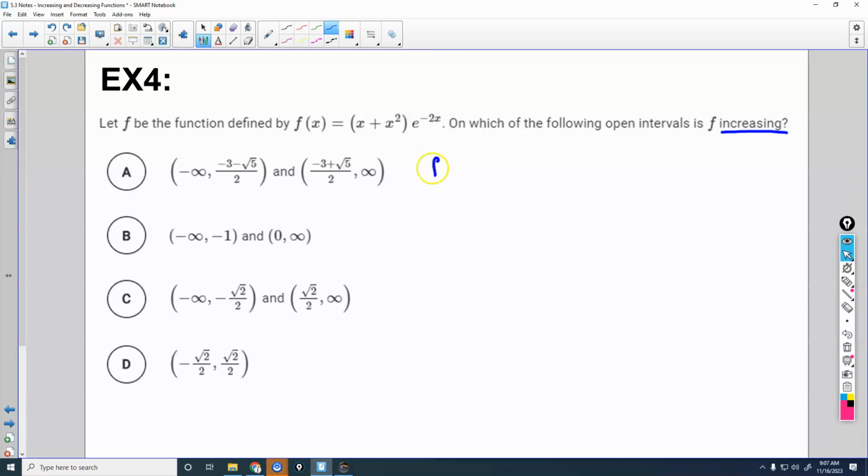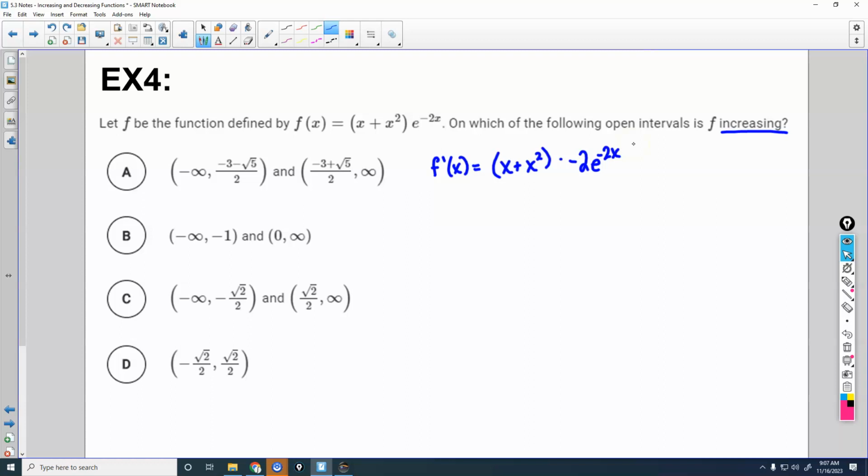So f prime of x, what have we got to use for this one? Multiplying one. So we are going to do x plus x squared times the derivative of e to the negative 2x. Negative 2 e to the negative 2x, because the derivative of e to the negative 2x is e to the negative 2x.